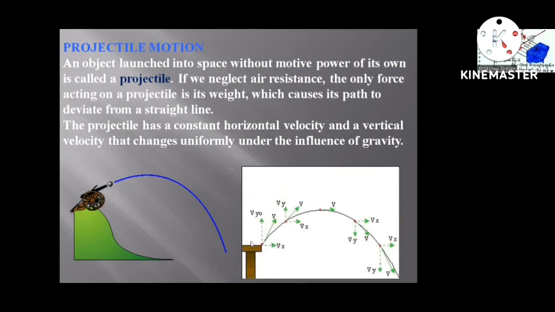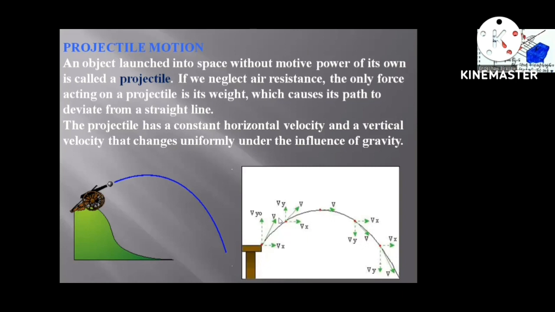Look at this: the object is initially projected with a velocity of v, having two components, the vertical component of the velocity, which is v naught y, and the horizontal component of velocity, which is vx.